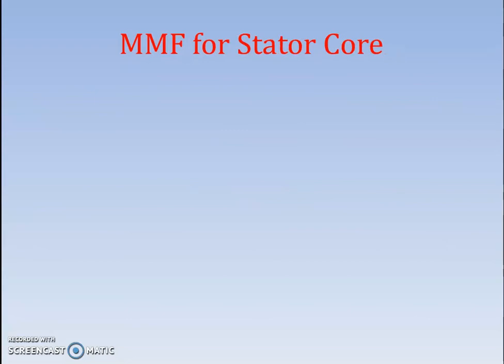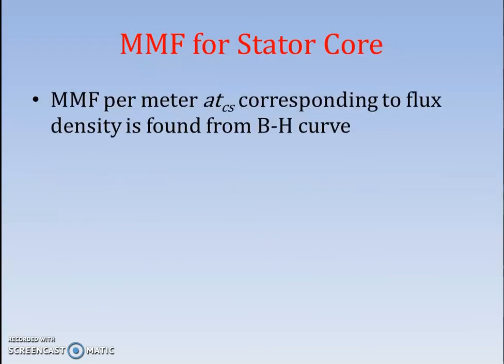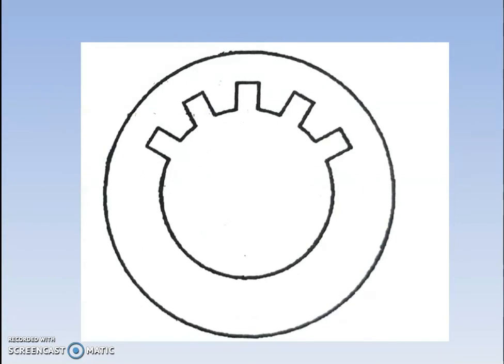So next step is to calculate magnetomotive force for stator core. Magnetomotive force per meter, ampere turn for stator core, C is for core and S is for stator, corresponding to flux density is found from BH curve. So let us see the diagram for stator core.